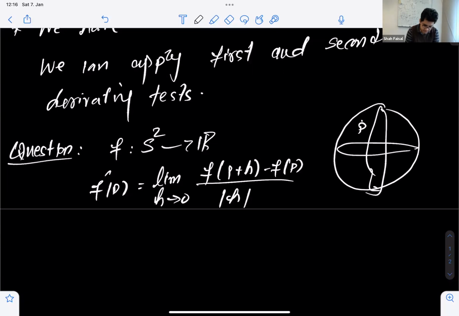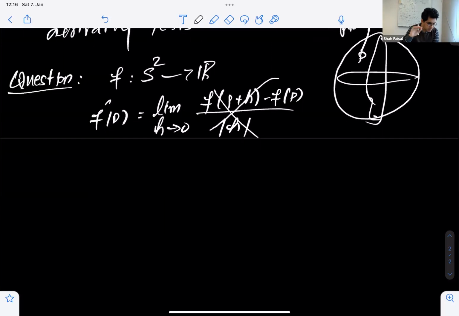But in this definition, if you look, this P plus H goes out of the sphere. If you take P plus H, it will be something here. And therefore, this shouldn't work. So you want to differentiate along the surface of the Earth, I mean, along the sphere, and you run into this problem with the definition.